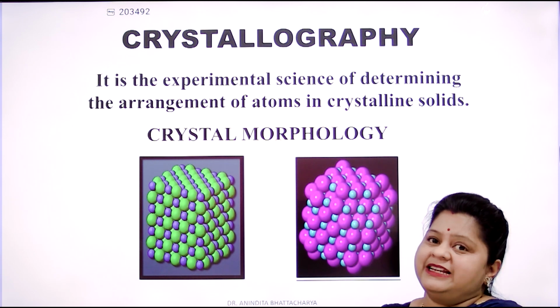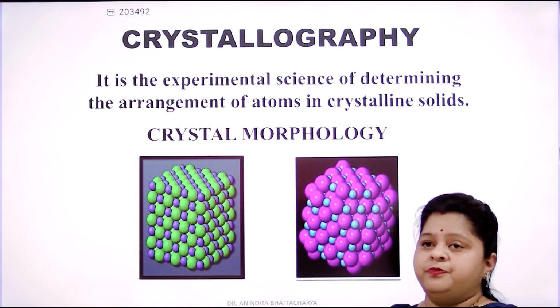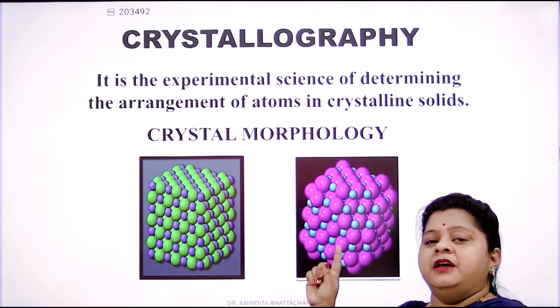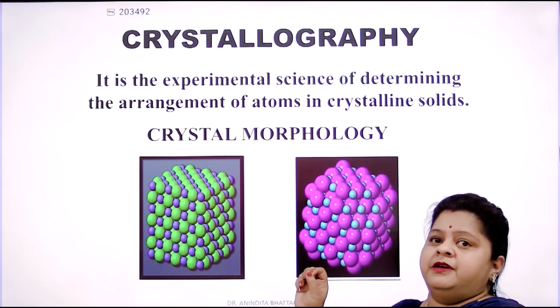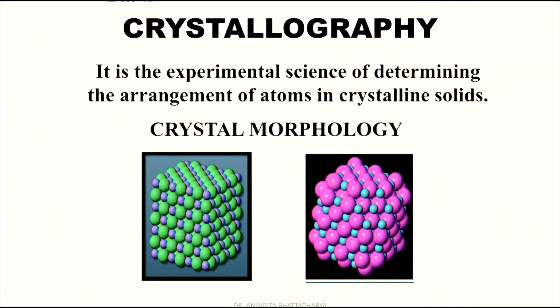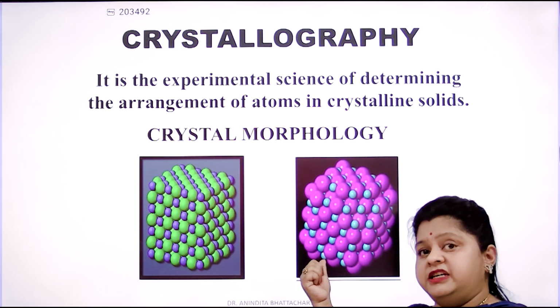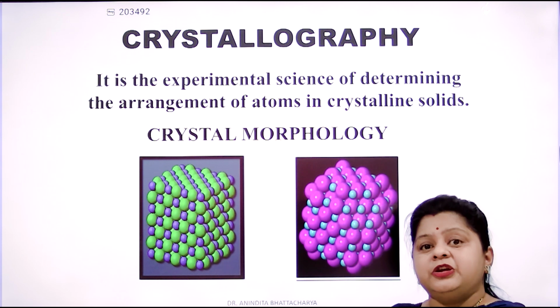One is cubic, which is arranged in the form of a cube, and the other is hexagonal. It is like the beehive structure. They fit in between the spaces. So we have a better packing fraction in the hexagonal form rather than in the cubic form.